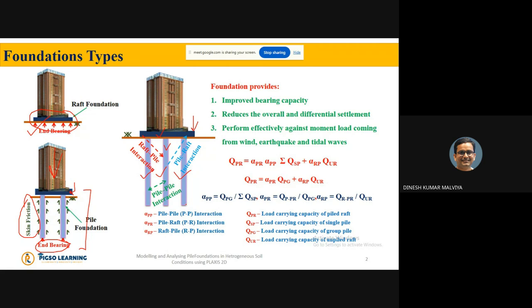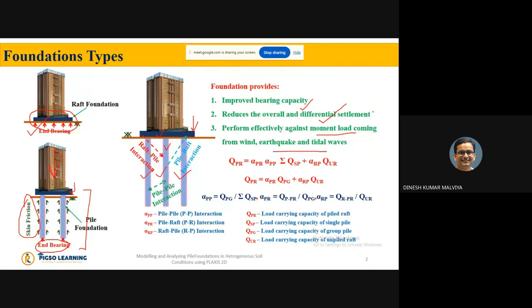These different types of interactions come into the picture to mobilize the load coming from the superstructure. They are also useful in resisting the bending moment induced in the foundations. To summarize, they improve the bearing capacity, reduce the overall and differential settlement, and perform effectively against the moment load coming from wind, earthquake, and tidal action.